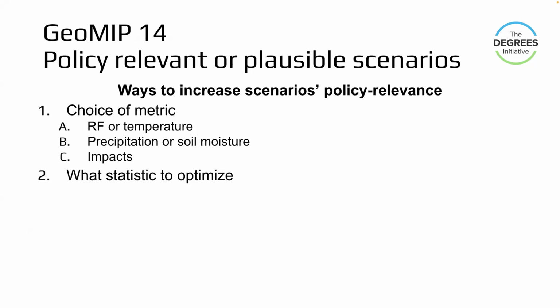Second category of ways to increase policy relevance of scenarios is what to do with the metric. In other words, what statistic to use to optimize. Now, of course, typically we talk about the average, typically the global average. Can we return global average temperature to pre-industrial or keep it at 1.5 or whatnot? But we're also interested in the variance of whatever the metric may be across the globe.